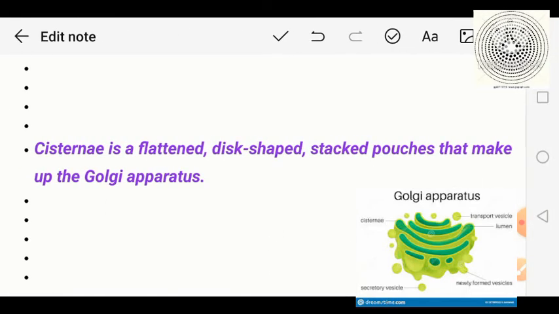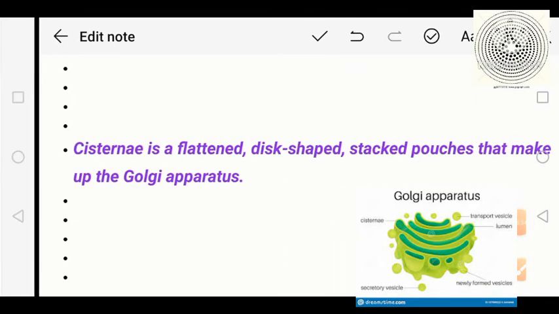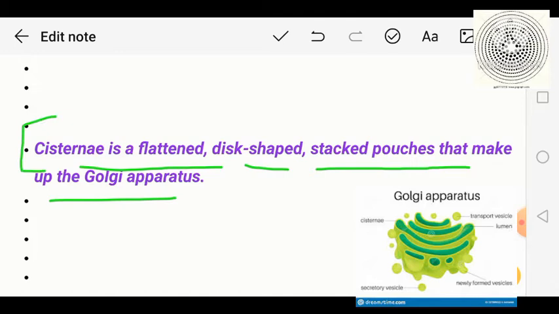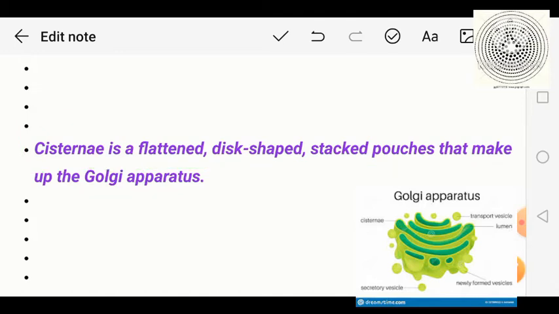The cisternae are flattened and disc-shaped, and they are stacked pouches that make the Golgi complex. This particular point is very important: how Golgi complexes are formed. The cisternae are flat, disc-shaped, and stacked over each other, and then they form the Golgi complex.